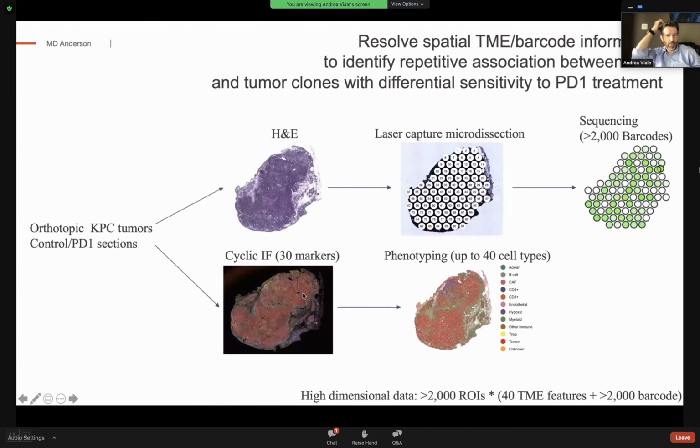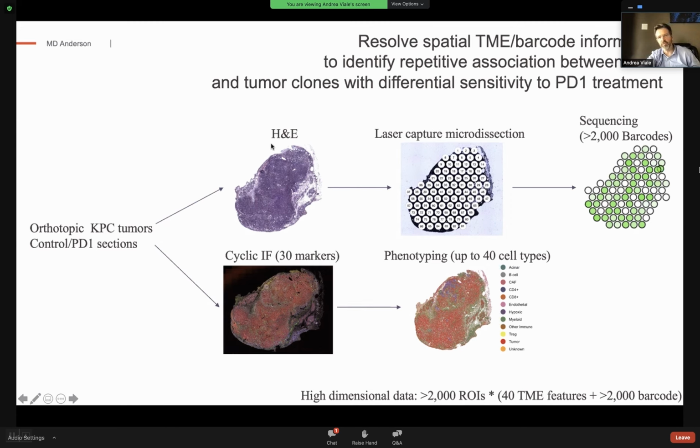So then Nick added an extra layer of complexity to the data and tried really to resolve the spatial interaction between the tumor microenvironment and different barcodes, the distribution of different barcodes in the tumor, to identify basically the repetitive association between the stroma, the microenvironment, and the tumor clones that have a differential sensitivity to the anti-PD-1 treatment.